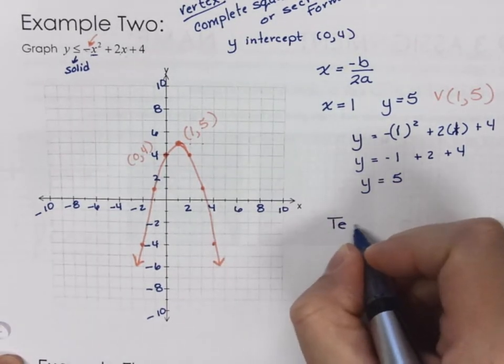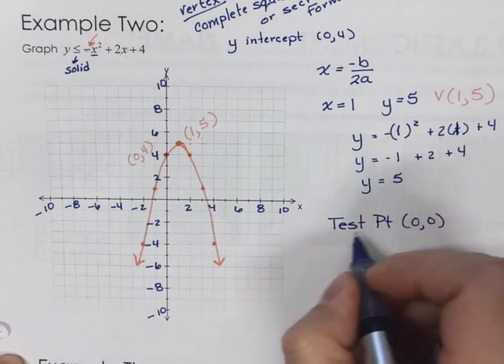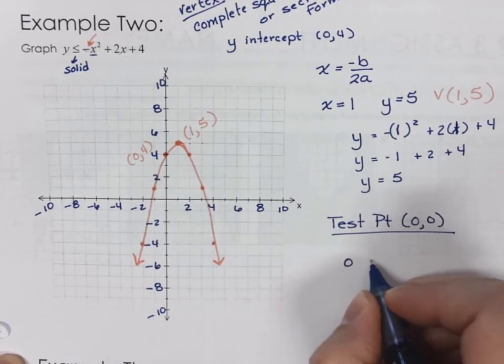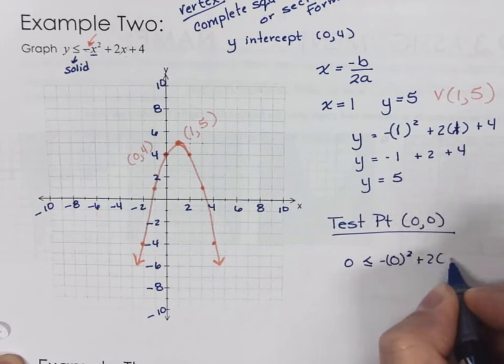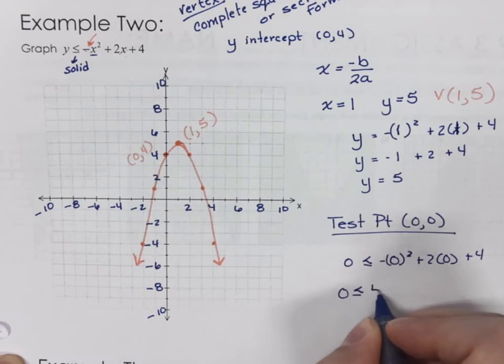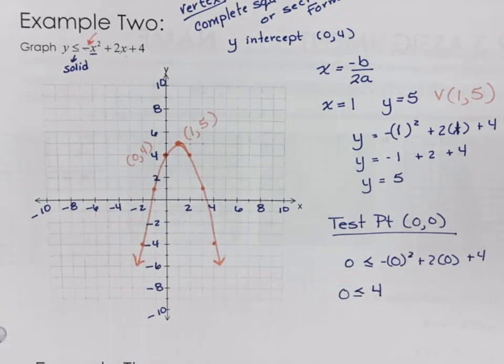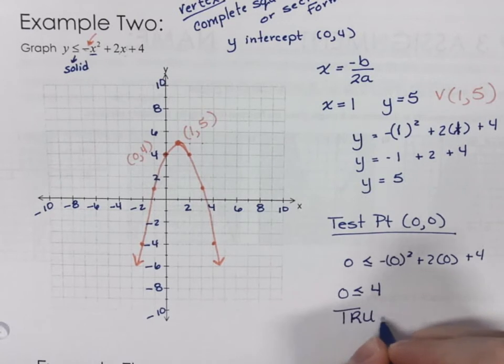Okay, so my test point is 0, 0. And I'm going to have 0 is less than or equal to -0 squared plus 2 times 0 plus 4. So 0 is less than or equal to 4. Is that a true statement? Yes. So that is true.